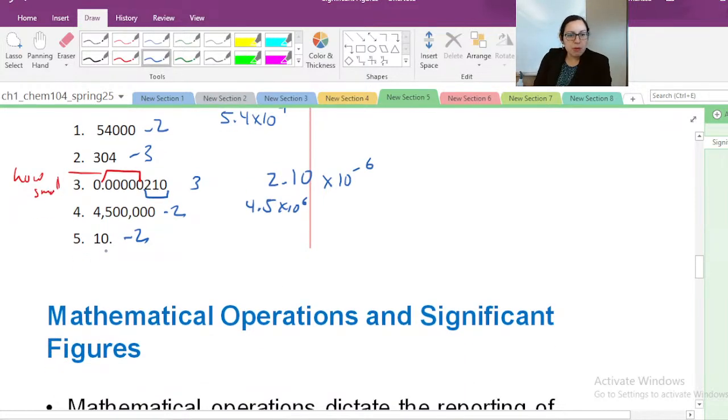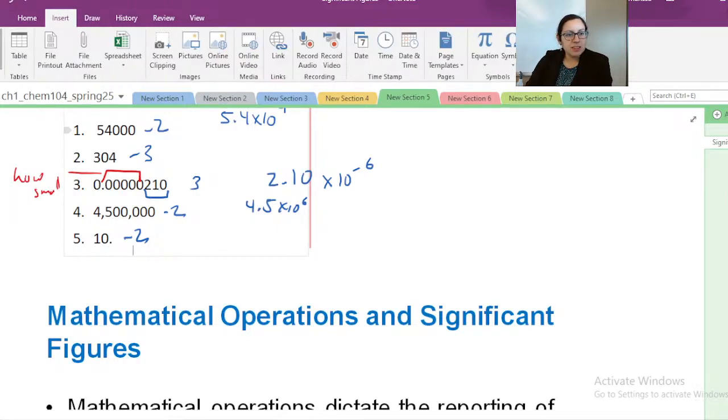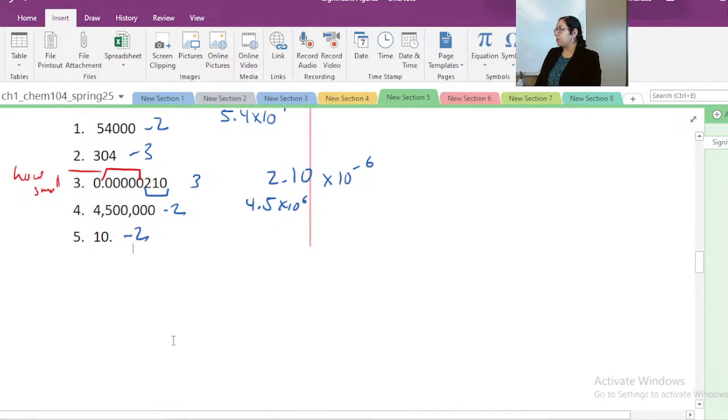We can see we put this decimal point there. By putting the decimal point there, that is showing that yes, that 0 is significant. The problem with that is, if you were to read that in a textbook, it might look ambiguous, so I probably wouldn't write it like so. Of course we have 10, 1 sig fig, 10. 2 sig figs.